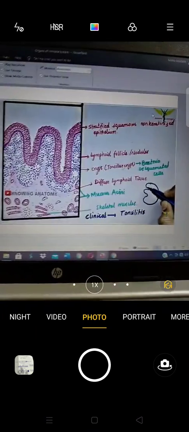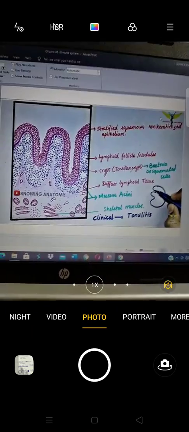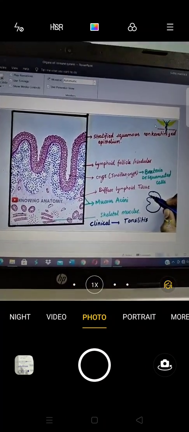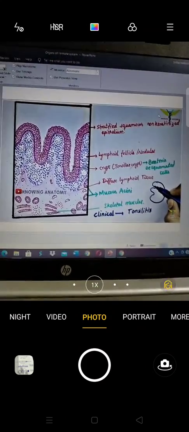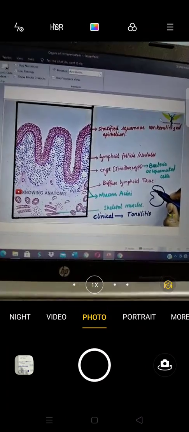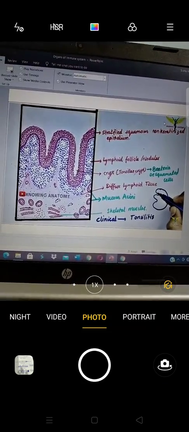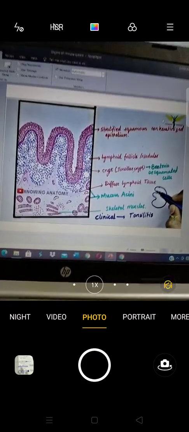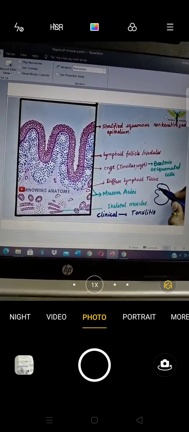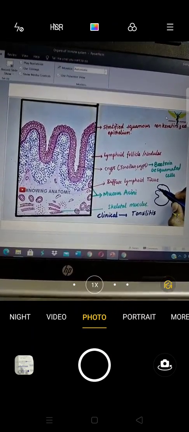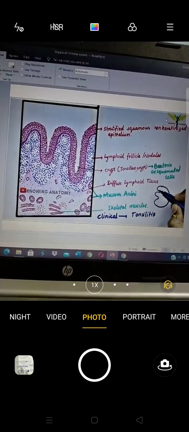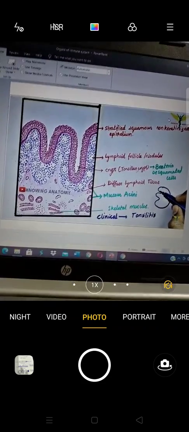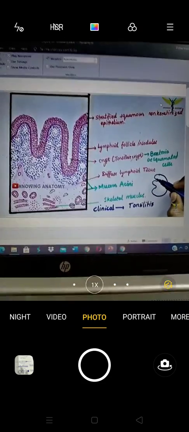There are three types of tonsils: palatine tonsils, lingual tonsils and pharyngeal tonsils. The palatine tonsils occur on the palate. The lingual tonsils are at the base of the tongue and the pharyngeal tonsils, also called adenoids, are at the back of the pharynx.